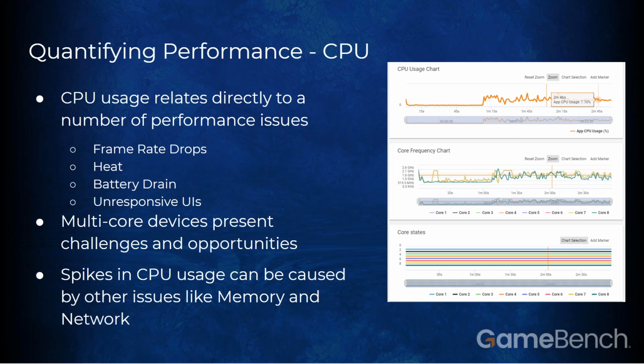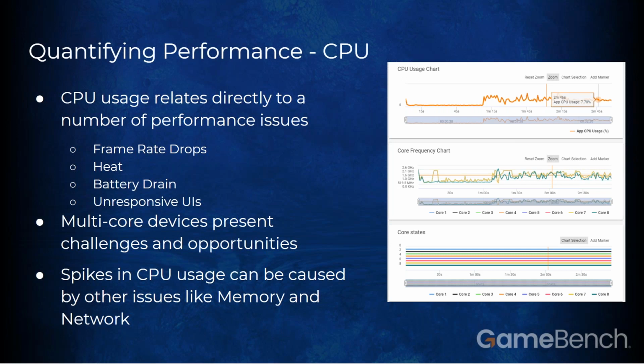So they present really unique challenges, ensuring that you're running your main thread on the fastest possible core that you need. But they also present really unique opportunities to look at multi-core development, multi-processor development, parallel processing, splitting jobs up. And it's a really exciting time to be optimizing for CPU.